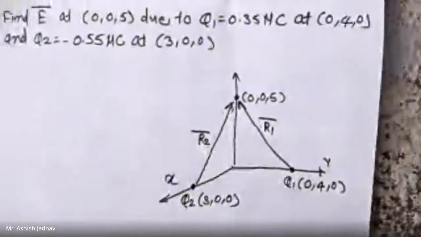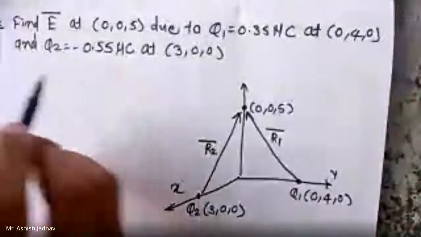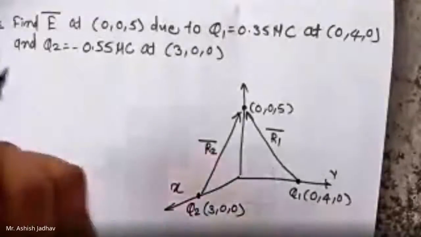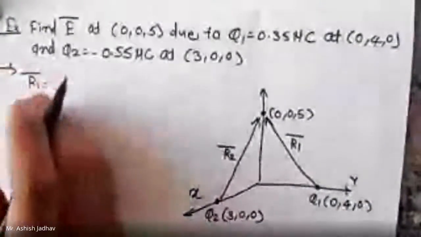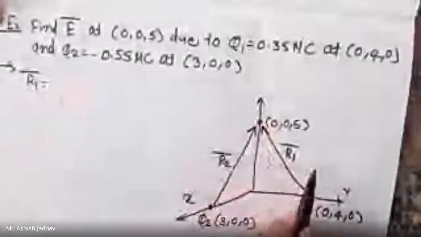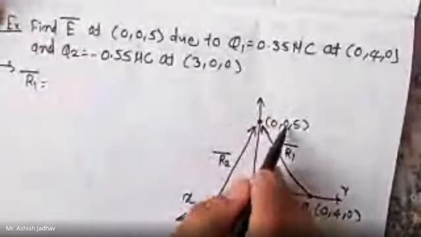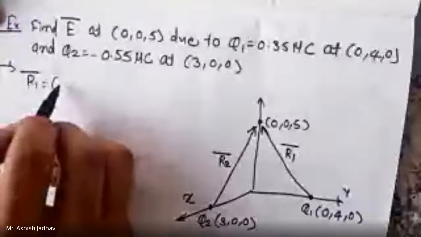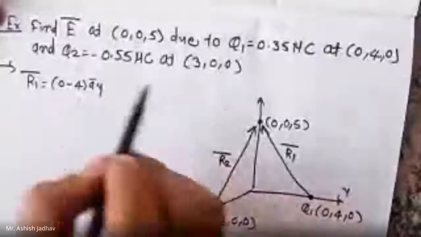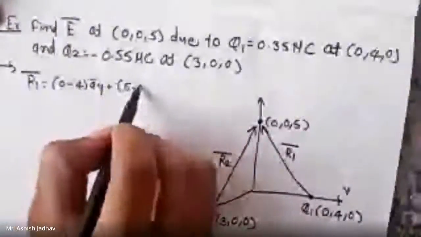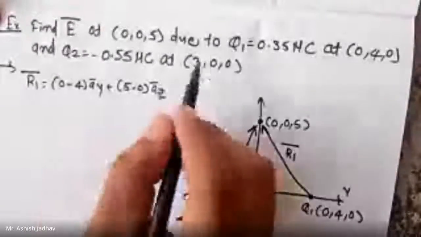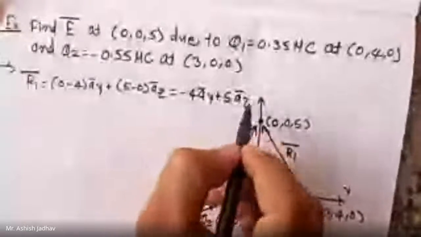So those who are facing difficulty, they can follow me. First thing, you need to find out this R1 bar. So R1 bar is equal to, of course, you need to take subtraction: 0 minus 0, of course 0, then 0 minus 4. So this is 0 minus 4 A bar Y, then plus 5 minus 0 A bar Z. So this is equal to minus 4 A bar Y plus 5 A bar Z. So this is the vector.